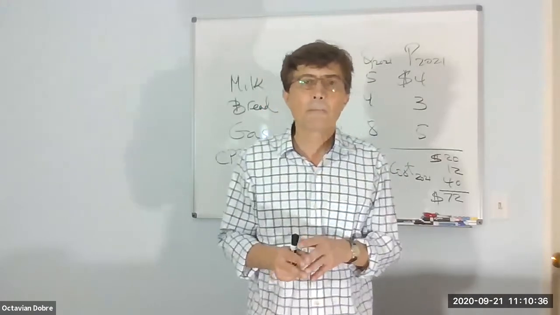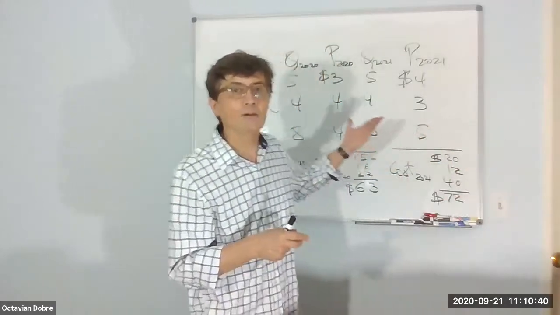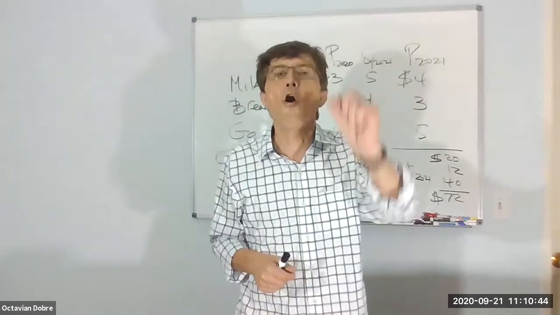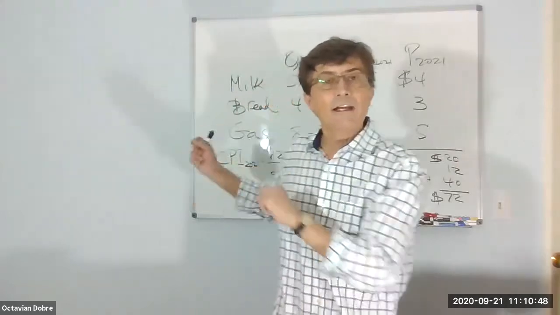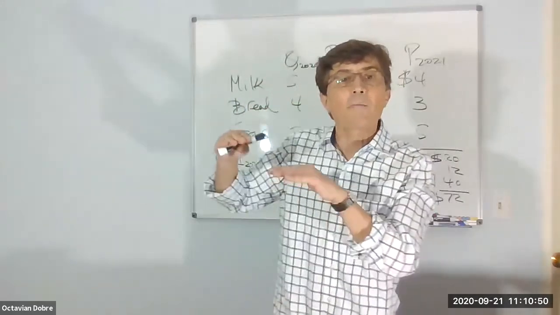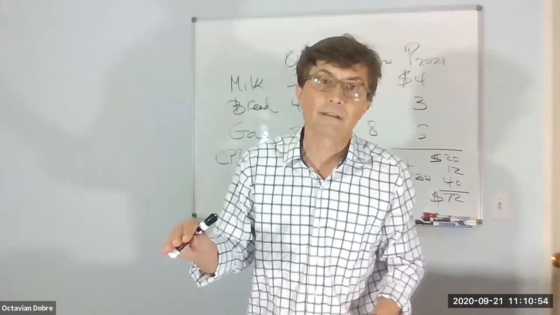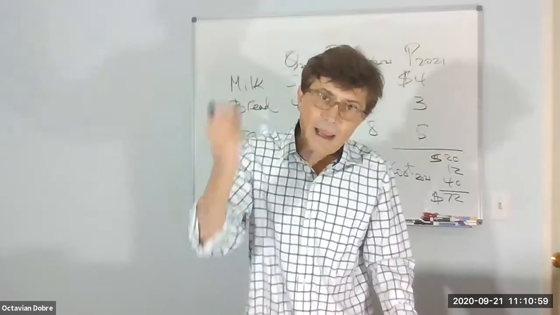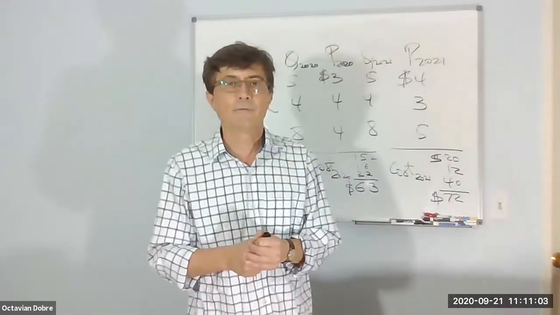Some people complained that calculating the CPI this way is actually overstating the inflation. In other words, when we calculate the CPI this way, we are making the inflation more than it actually is. They have a good argument for that.